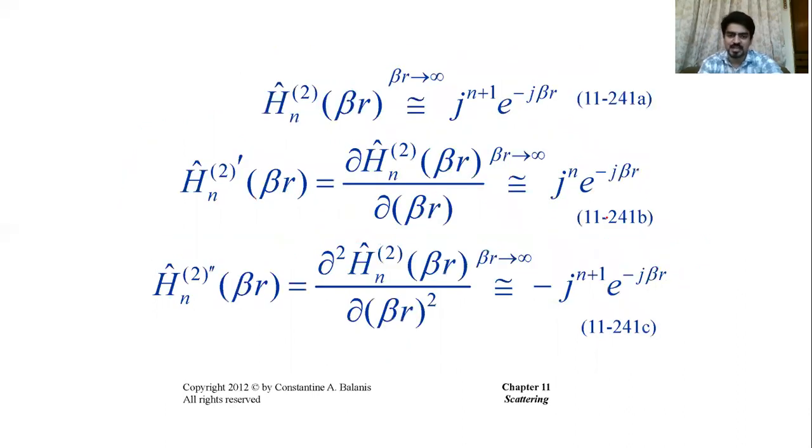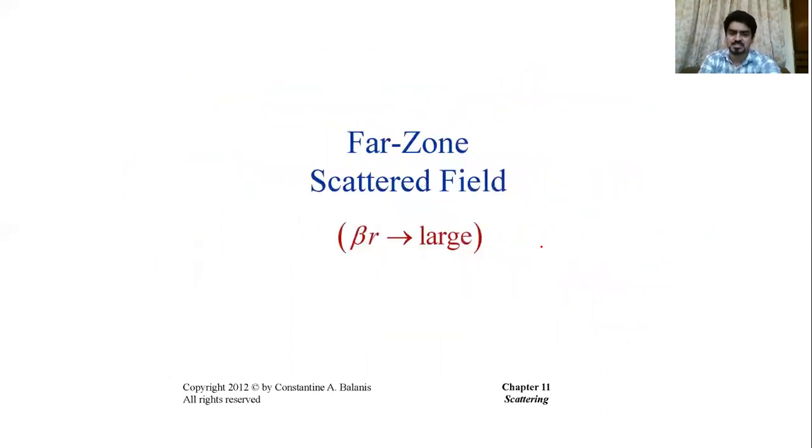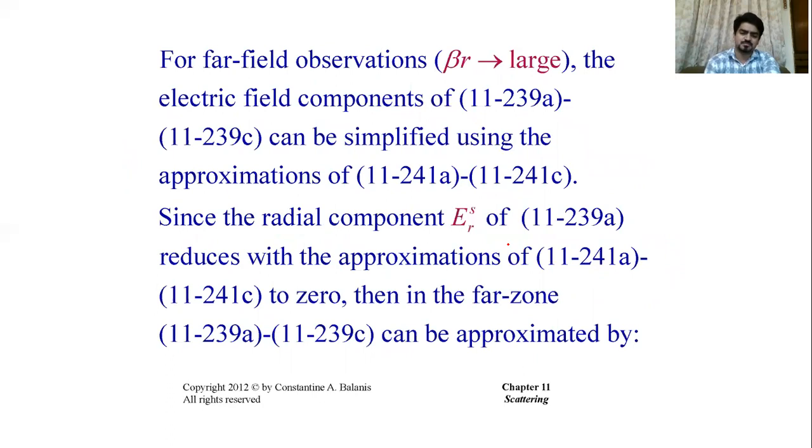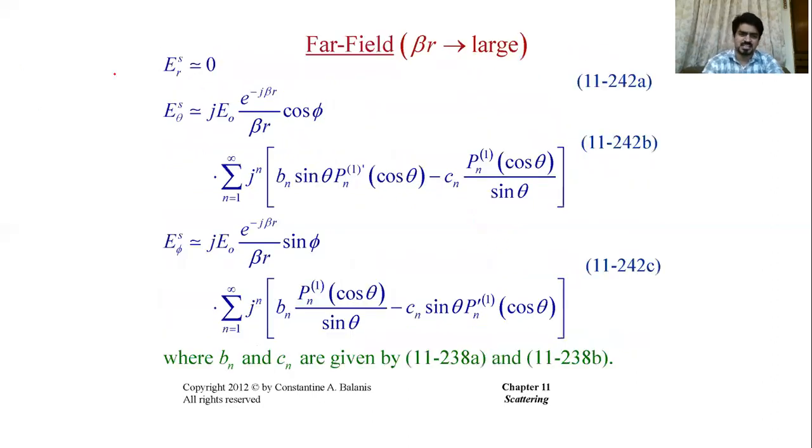This will be your transformation for the Schelkunoff spherical Bessel function in terms of exponentials, and we will substitute these expressions. We will get the scattered far field for E and H.